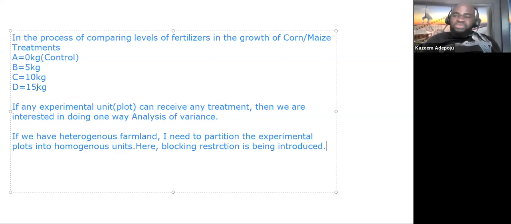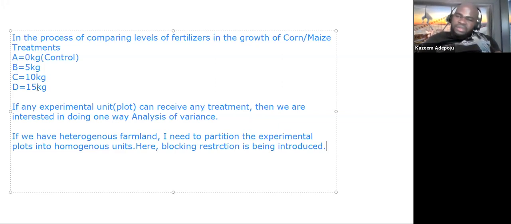But what if we have two different fertilizers, where one has levels like this and the other one has levels as well, and we are also introducing blocking? Then we're talking about multivariate.